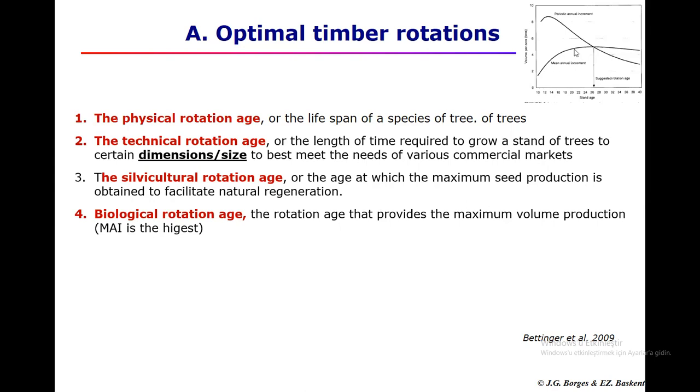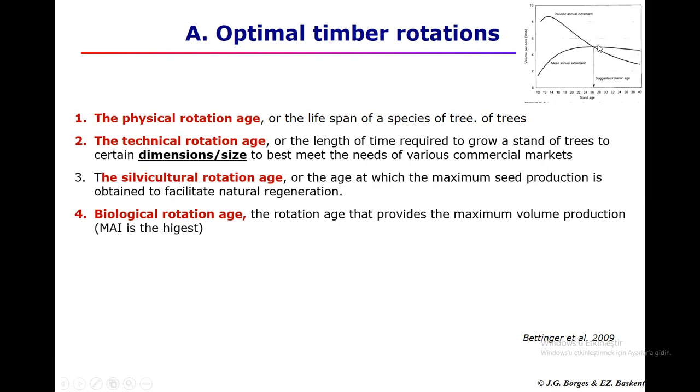Whereas the periodic annual increment refers to the total increment in a certain time period, the mean annual increment refers to the amount of volume divided by the age at which that volume is obtained.